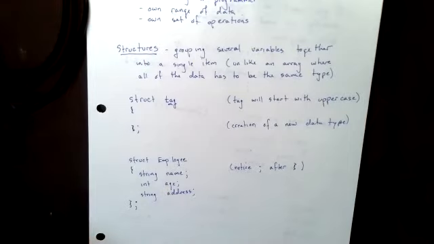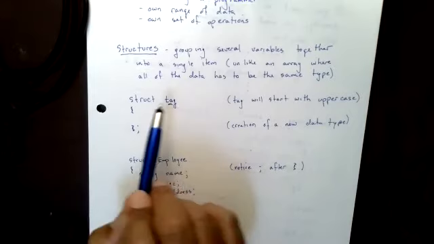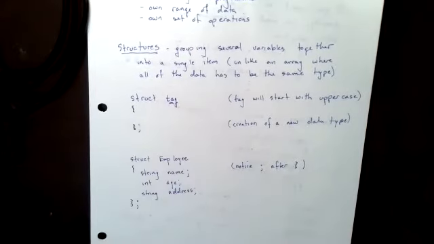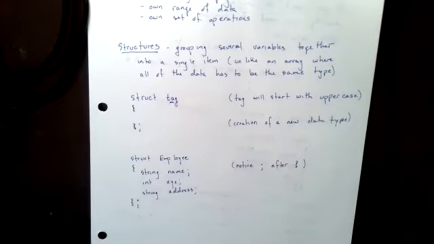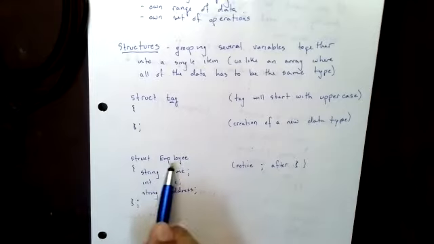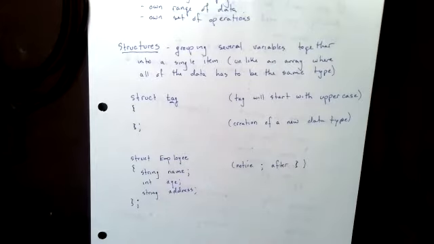The data type is called a structure. When I go to declare it, I type in the word struct, as you know. I give it a tag. The tag is now the name of that data type. In this example, it's employee. So I would create a new variable of type employee, just like I did with int, with double, and with my objects.